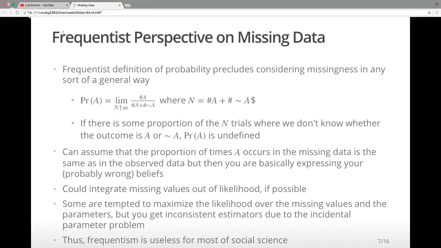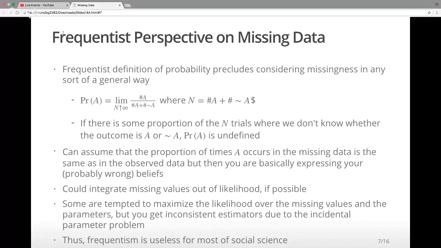Now, remember, frequentists define the probability of A as the number of times that A occurs divided by the total number of replications, so the count where A occurs plus the count of the number of times that A does not occur, as n goes to infinity.